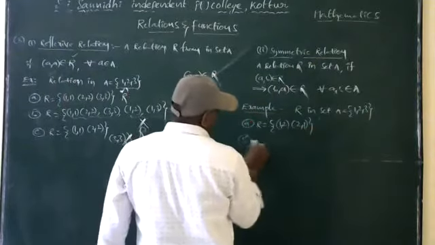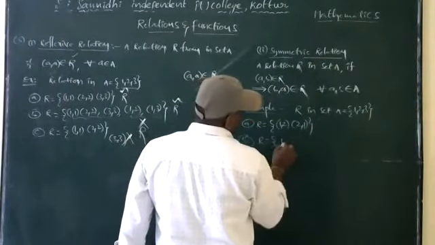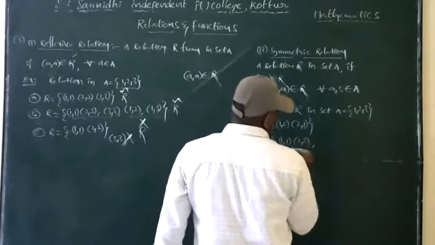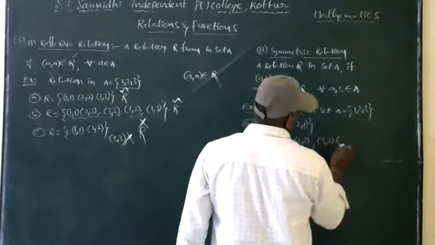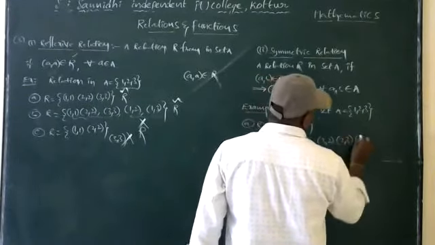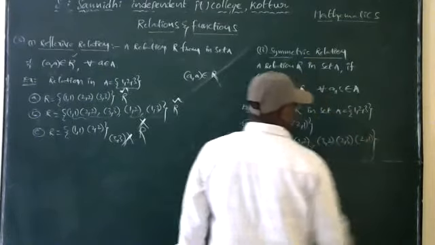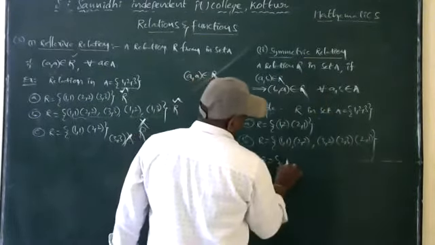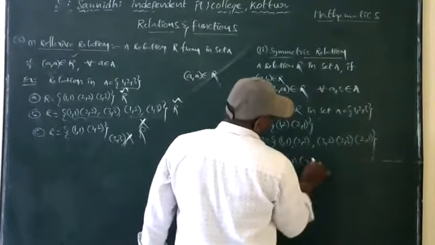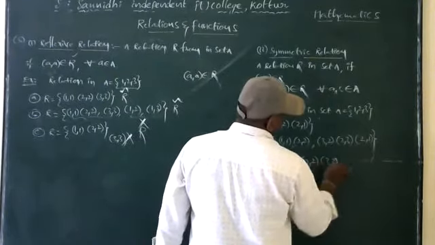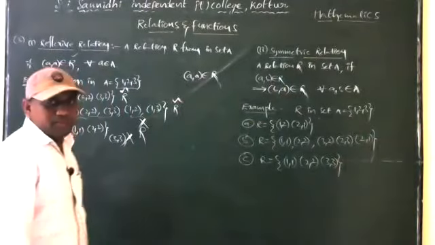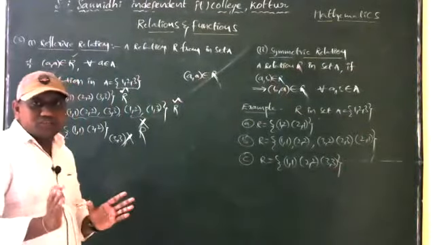Second one: R is equal to 1 1, 2 2, then 3 2, 2 3, 2 1. Then R is equal to 1 1, 2 2, 3 3. Observe this. What is the condition now?